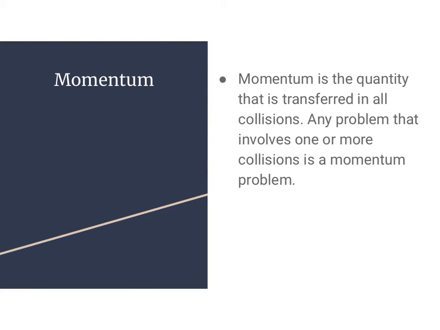These are all examples of momentum problems. And being able to describe and explain systems in terms of the momentum involved actually a lot of times makes solving for different variables in those situations a lot easier.